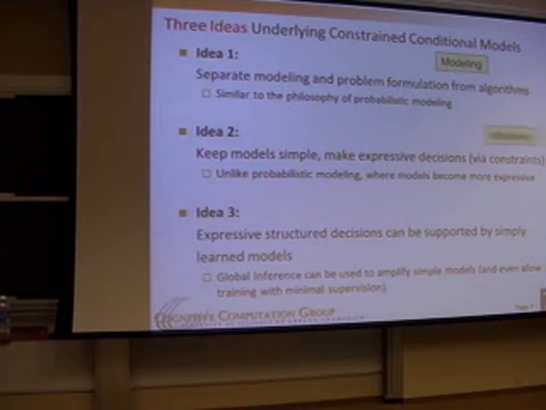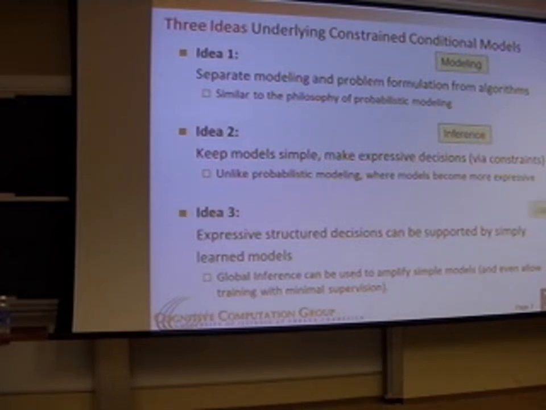The second idea, which I call inference, is very different from what's happening in probabilistic modeling. I want to be able to keep models simple and nevertheless make expressive decisions via constraints or other ways of representing knowledge. This is really different from the current trend in probabilistic models, where models become more and more expressive and complex.